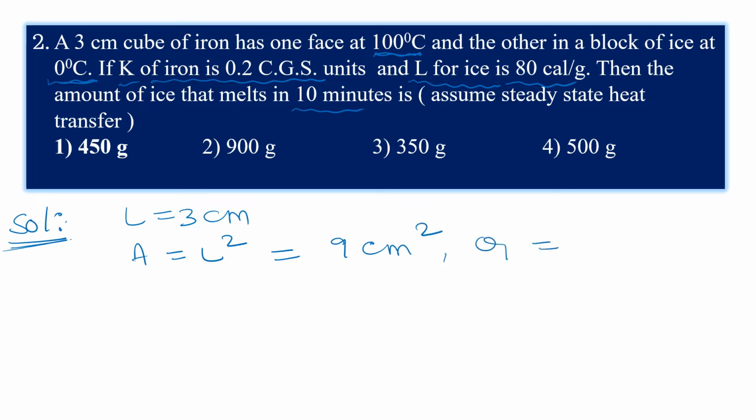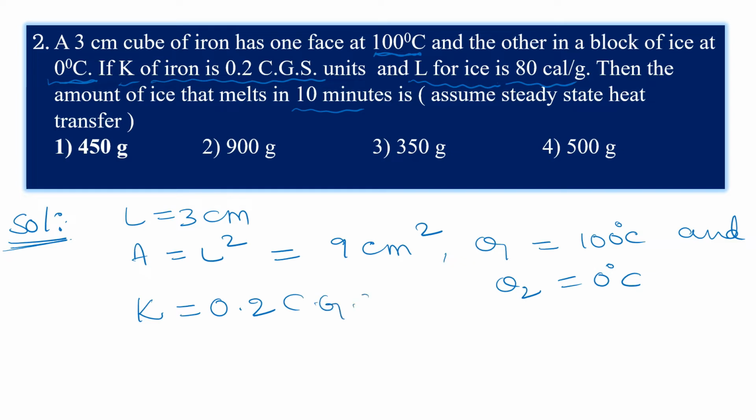Theta 1 is 100 degree centigrade and theta 2 is 0 degree centigrade, and K, the conductivity of iron, is 0.2 CGS units, and the latent heat of ice is 80 calorie per gram.